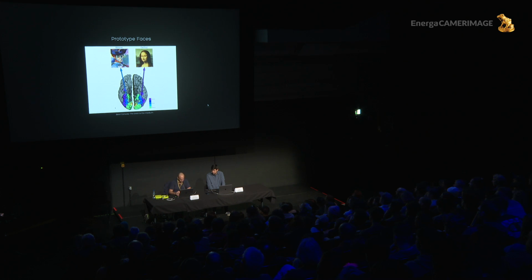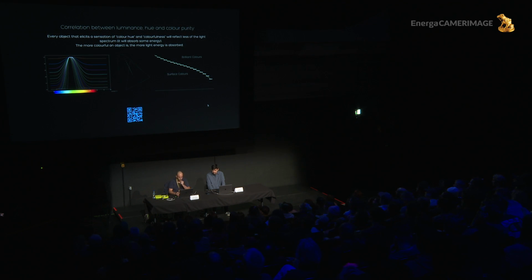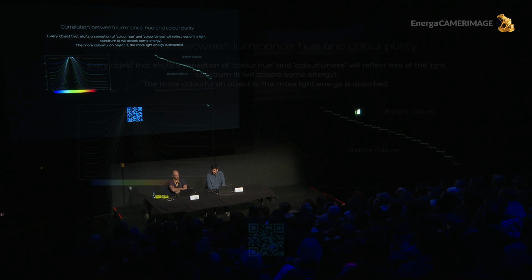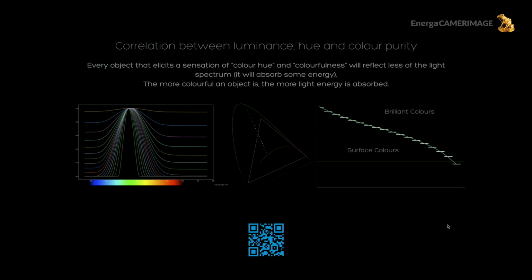We talked about, when we looked at film, we found that there's a correlation between luminance, hue, and color purity, and if you follow that link, you will come to another camera image talk we did in 2018, where we talked only about this slide, 1.5 hours. So there's a natural correlation between how pure a surface color is and how bright it is.